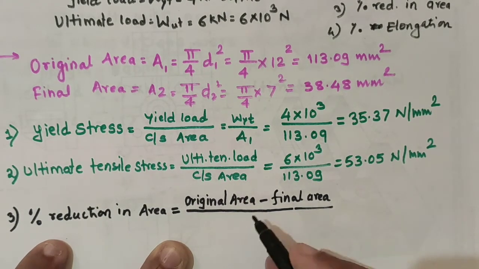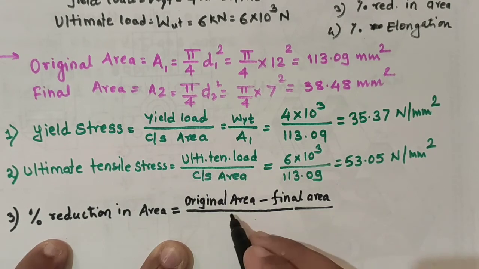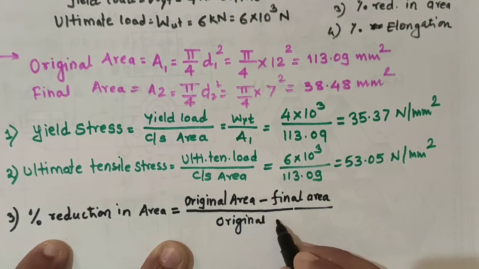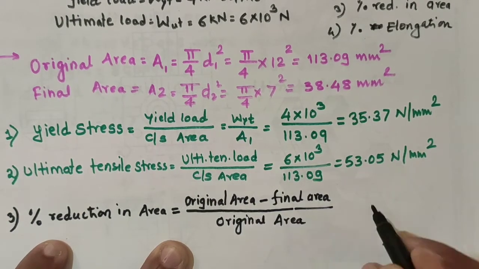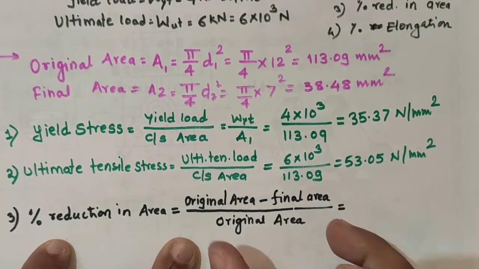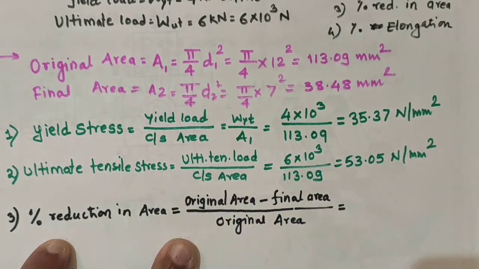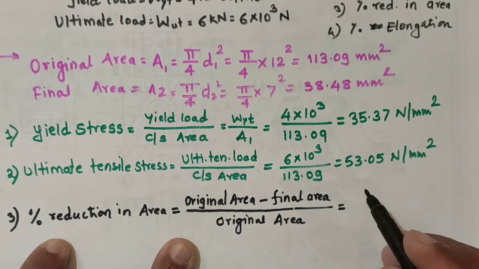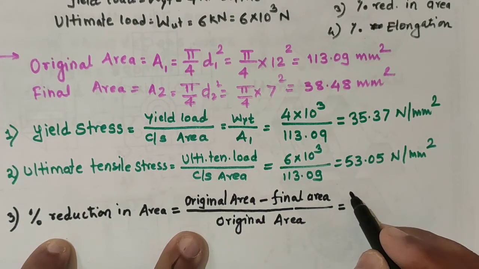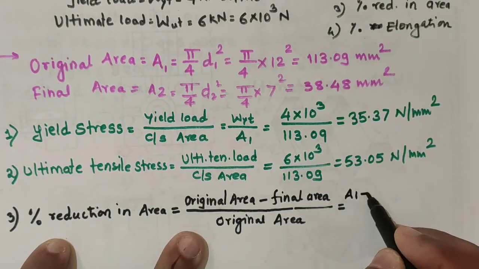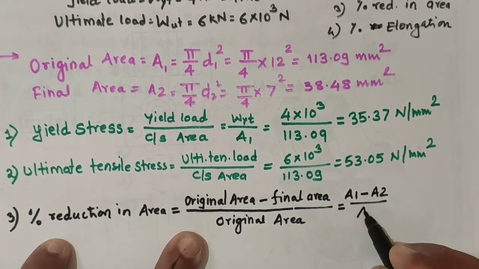So the original area is in the denominator. This is important. The difference upon original, because the reduction is in the original area. Therefore, A1 minus A2 upon A1.